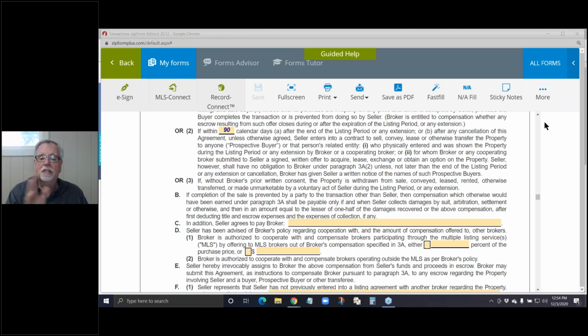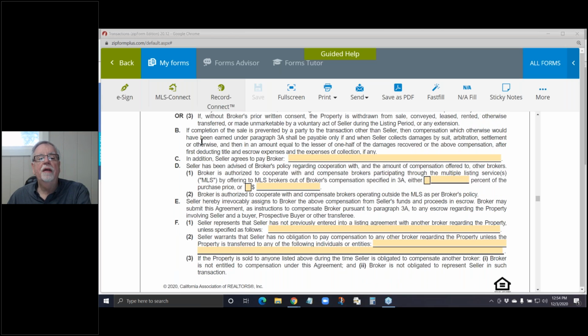I'm just saying the right to cancel does not exist in this contract unless the broker and agent have totally dropped the ball, which is not even tried to sell the house. If completion of the sale is prevented by a party to the transaction other than seller, then compensation which otherwise would have been earned shall be payable only if seller collects damages in suit or arbitration, and then you get half. All right.